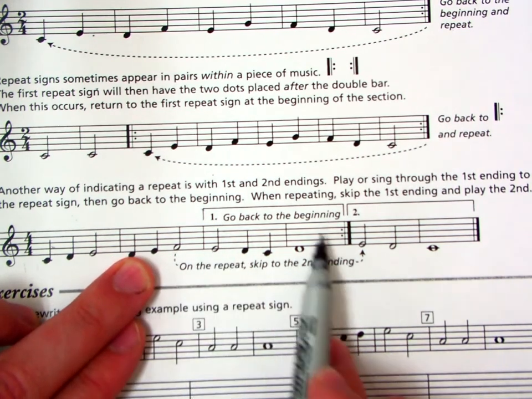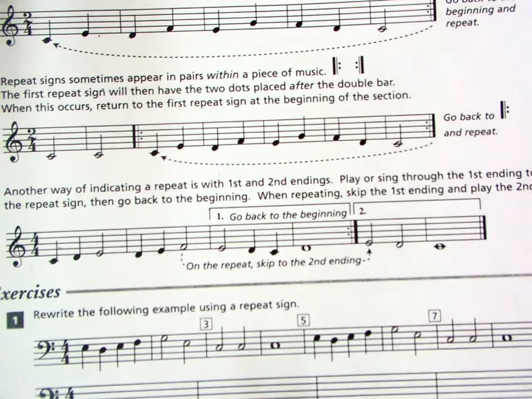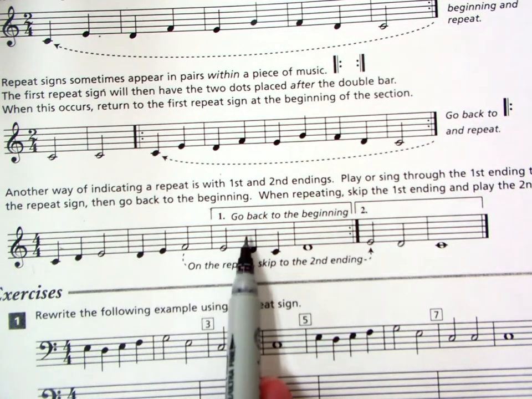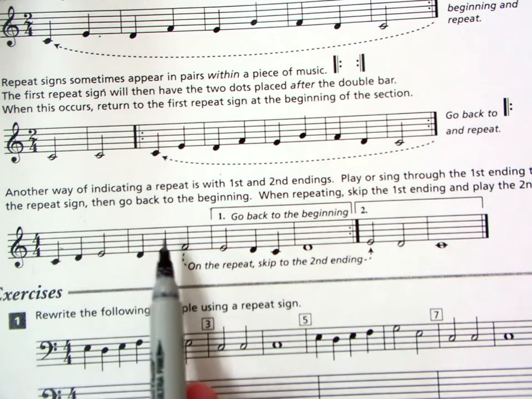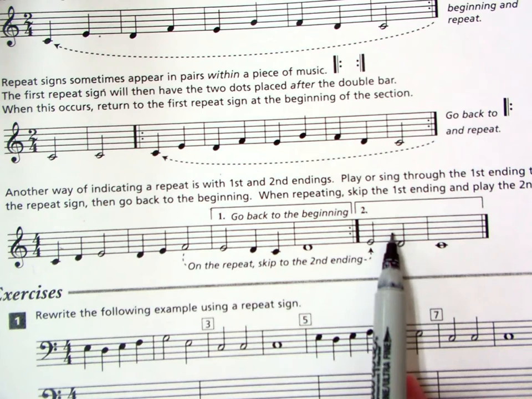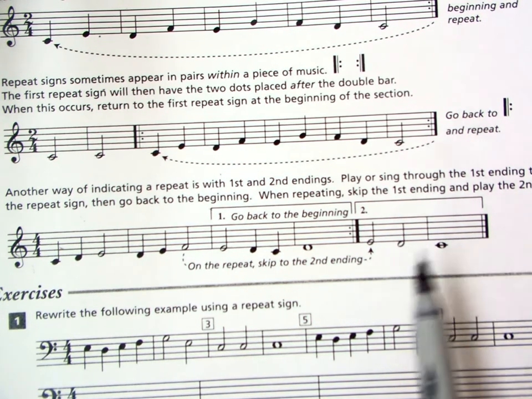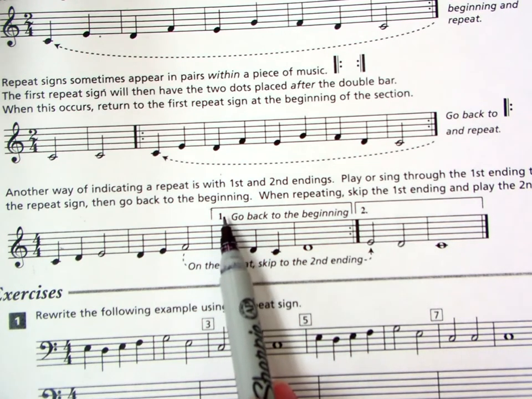Now on the repeats, I skip the information that's here and play what's in the second ending. So 3, 4. Now altogether, if I were performing the music, it would be 1, 2, 3, 4, 5, 6, 7, 8. 8 measures total. Use the second ending the second time. Use the first ending the first time that we play through.